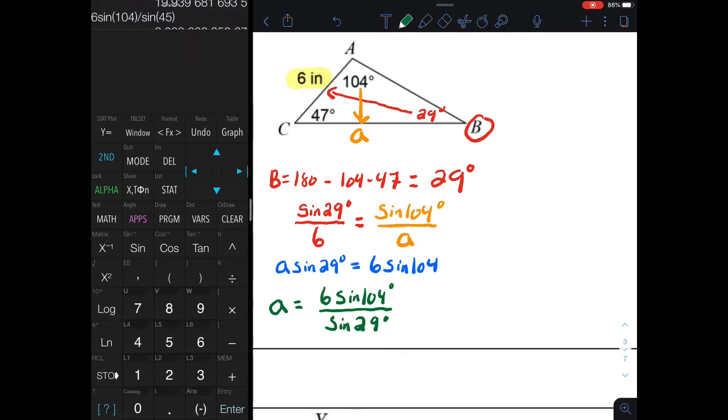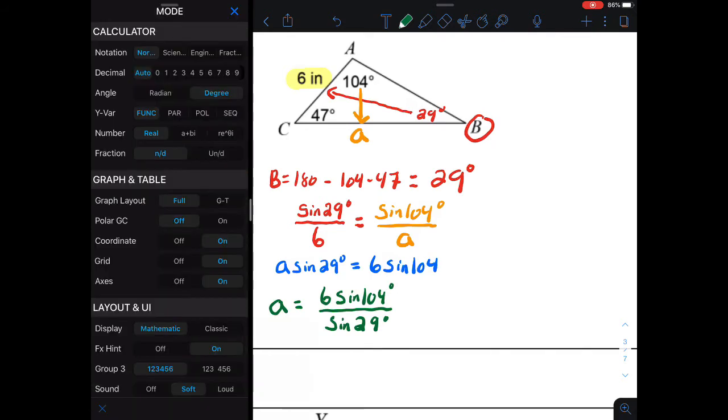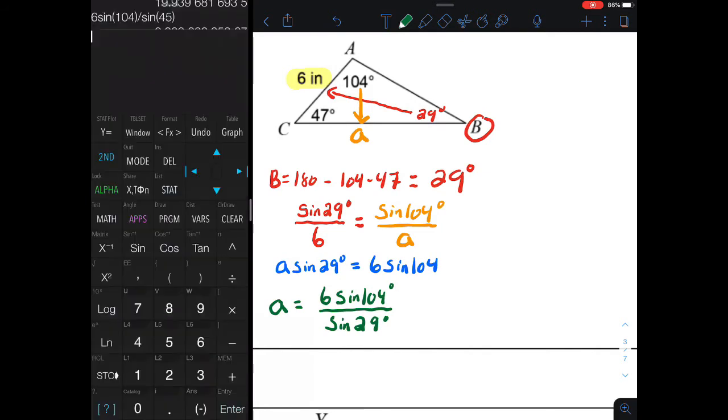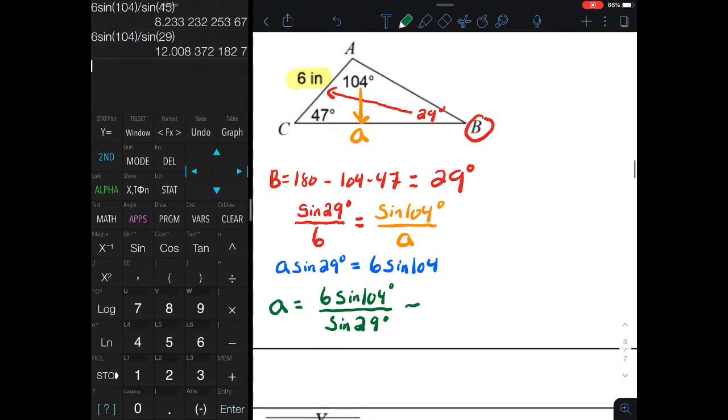And that's what I have over here on the left-hand side of the screen. And so I'm going to work here on this calculator. Now, you've got to make sure you're in the correct mode. So I'm in degree mode over here, which is where I need to be. And so I'm working here to solve 6 times sine of 104 divided by sine of 29. And that gives me approximately 12.01.